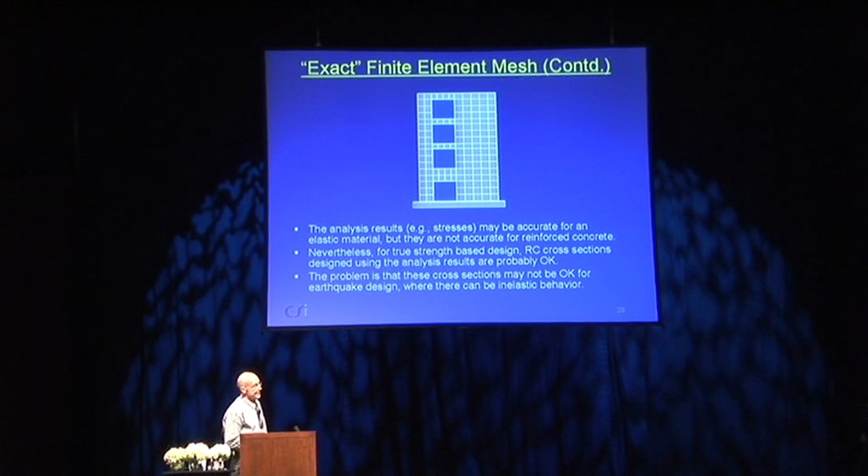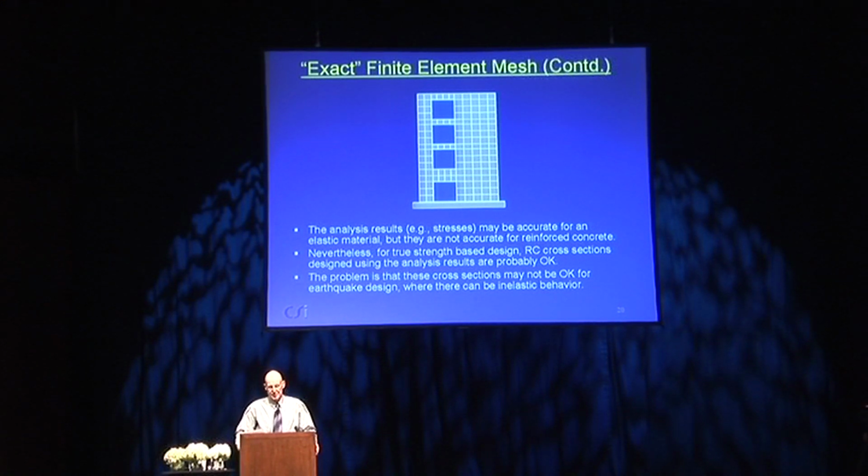And that's okay. The stresses themselves are terribly inaccurate, but the axial force, moment, and shear force you calculate are plenty accurate enough for doing a reinforced concrete design. Now, your purpose wasn't to get an accurate analysis. Your purpose was to provide sufficient strength capacity in the structure, and you can do that from an elastic analysis.